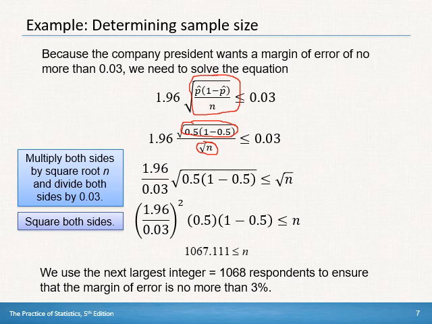So what we want to do is go up. We're not rounding here. We're simply taking that value and going up to the next biggest integer. So instead of rounding down to 1067, we will go up to 1068, and that absolutely guarantees that our margin of error will be smaller than 3%, rather than possibly being slightly bigger.